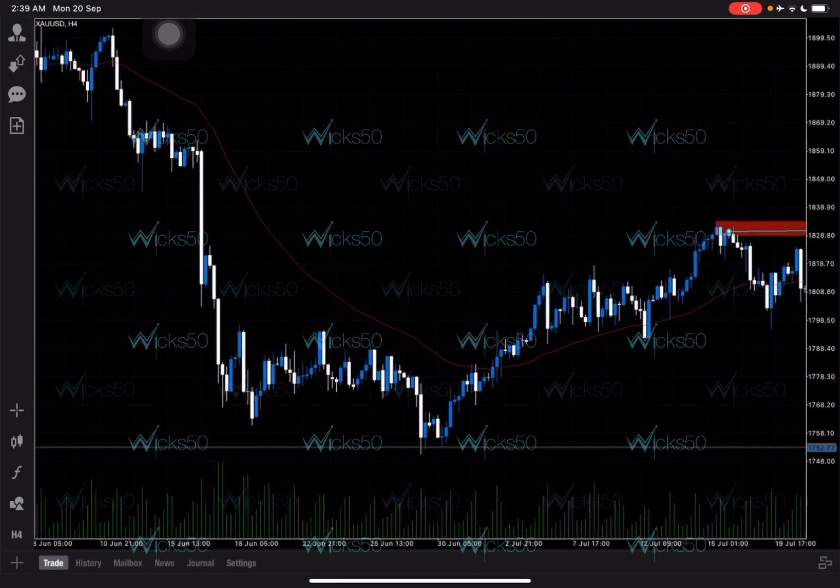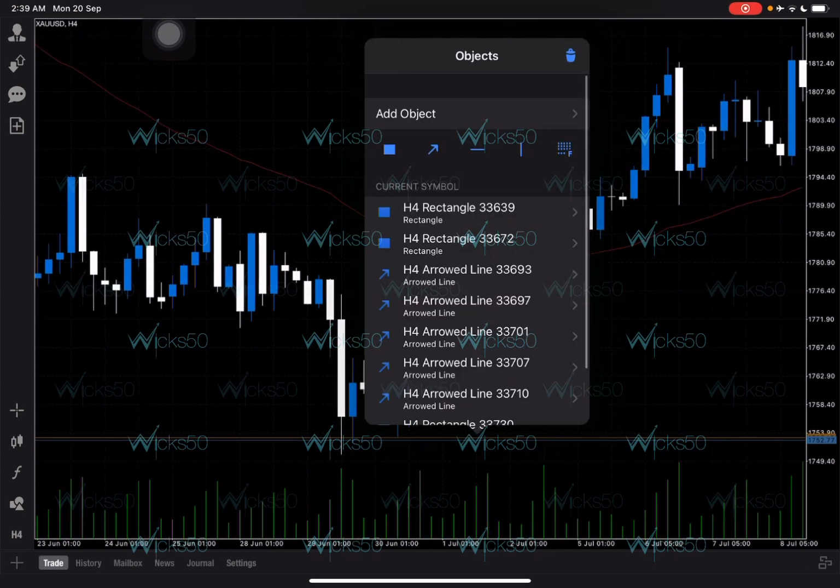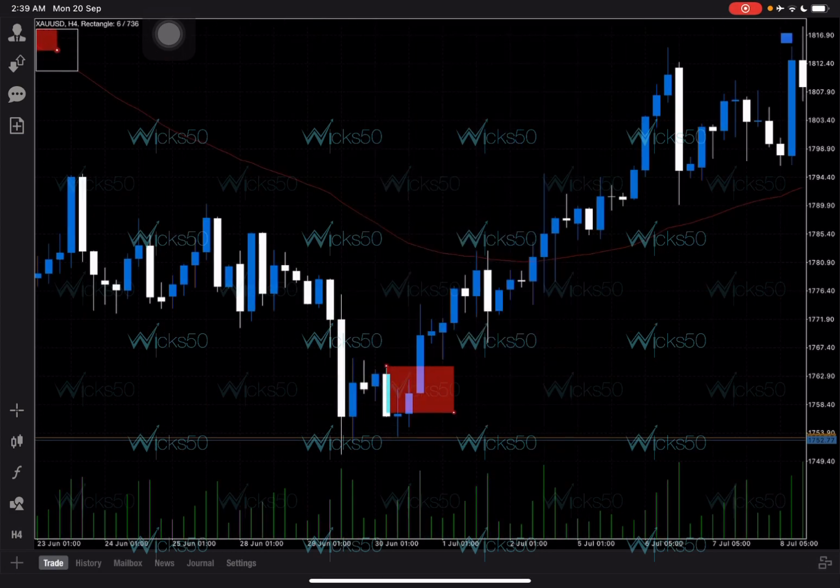So let's say I want to show you an engulfing buy. So here, the blue candle overpowered the white candle. It didn't do it in one shot. It took 3 candles. 1, 2, 3. So this particular candle was the candle that confirmed this engulfing buy zone.